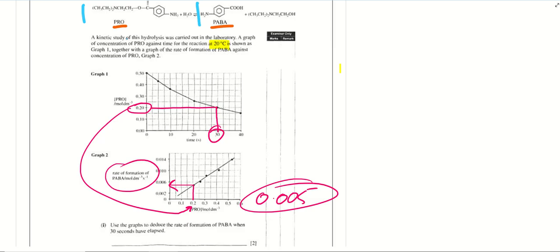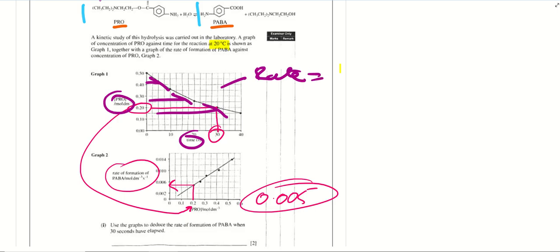So when I go to my graph here and I take a tangent, and another tangent, and another tangent, remember concentration versus time gives me tangents, gives me the rate. And that has given me the rate at which the PRO is decreasing. The PRO is being used up, if you like. And it gives me that in moles per decimeter cubed per second.